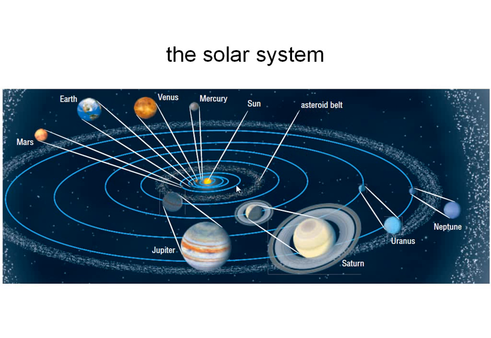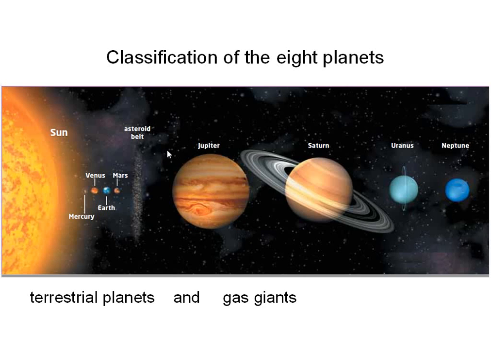Got it, right? The sun, the 8 planets, and the asteroids are all on the same plane. This is also a characteristic of this solar system. Got it, right?